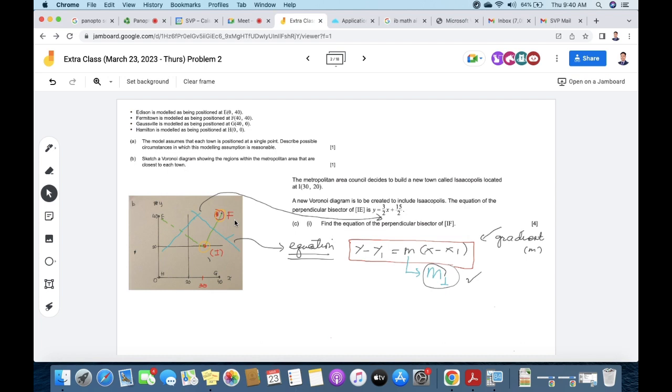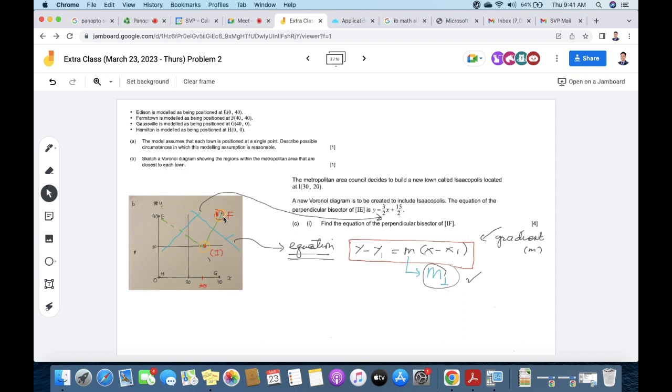What is that point referring to? Are we looking for a point found on IF? Is it a point found on IF? Because if it is, then we could use this coordinate here, and we could also use this coordinate here, the coordinates of these points, if it's found on IF.